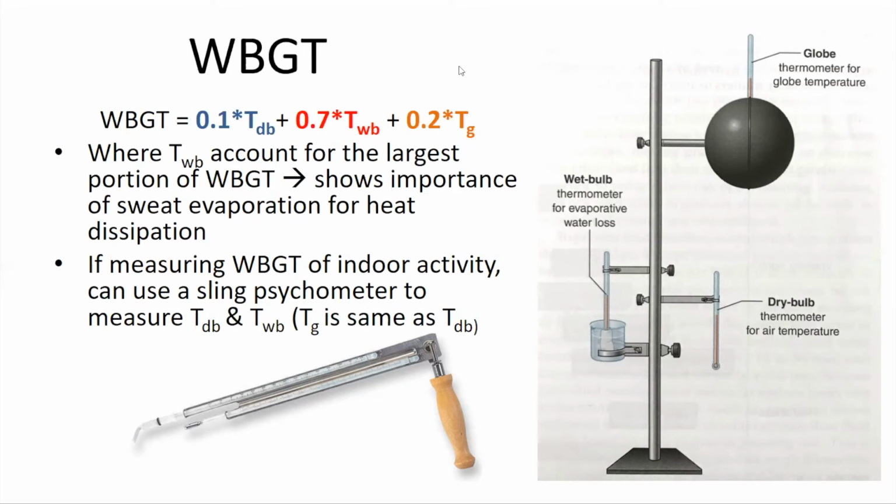So according to this equation, this factor, the wet bulb temperature, or the temperature that reflects our evaporative cooling capacity, is the most heavily weighted. And then the next most heavily weighted factor is the globe temperature, meaning radiation from the sun is going to highly impact our body heat gain and our ability to dissipate heat.